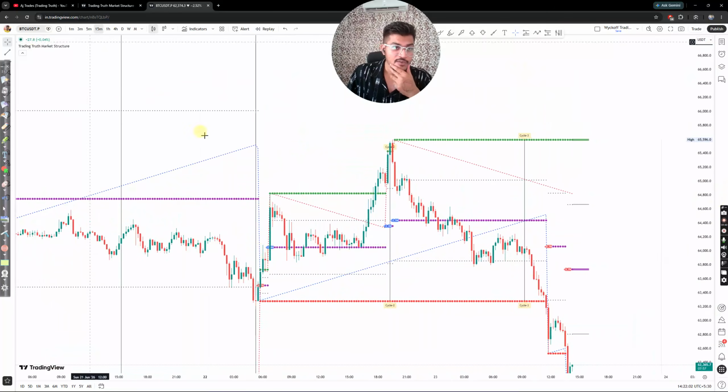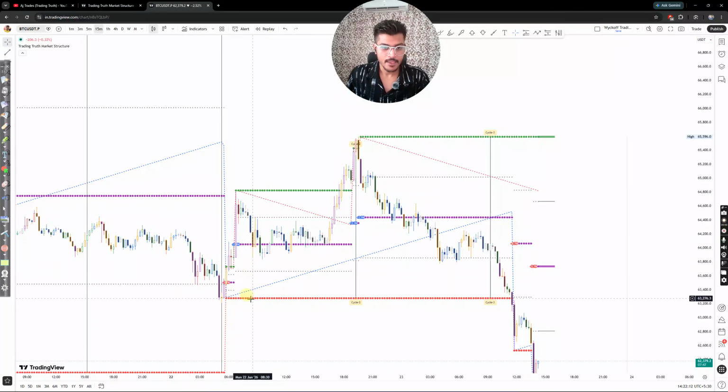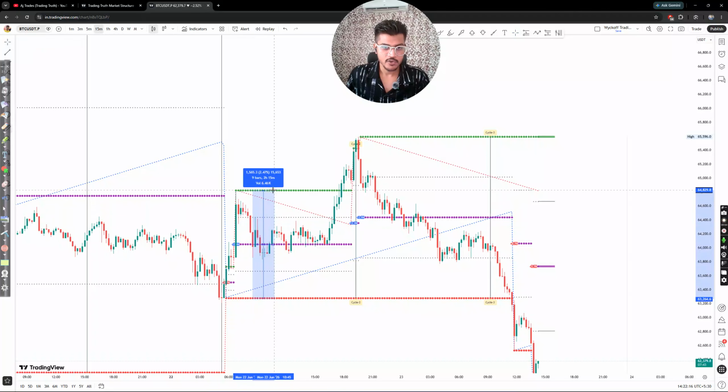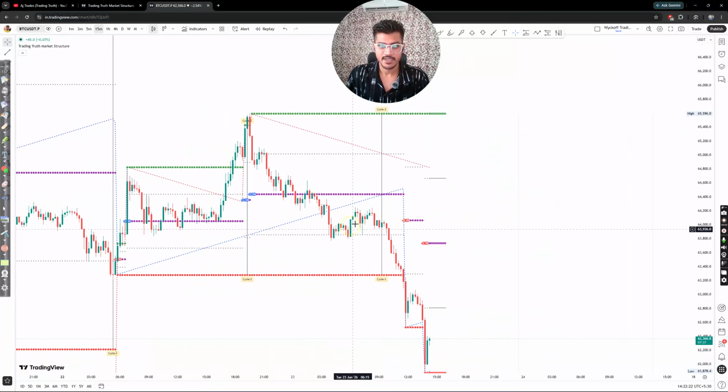See, for Bitcoin, at the start of the week there's a 2.4% change range. From here to here, you see 2.4%, then 3.3%. It made a new high, then it came back.